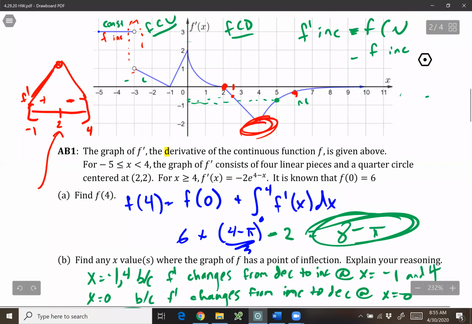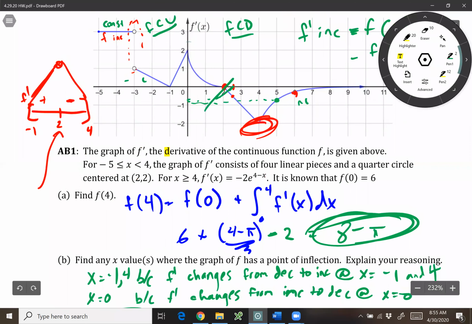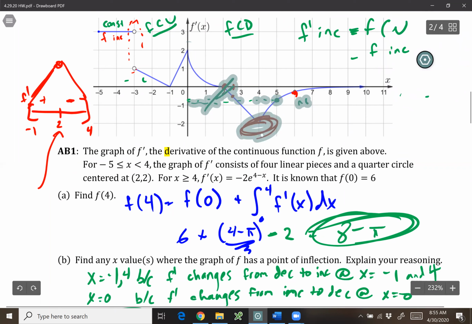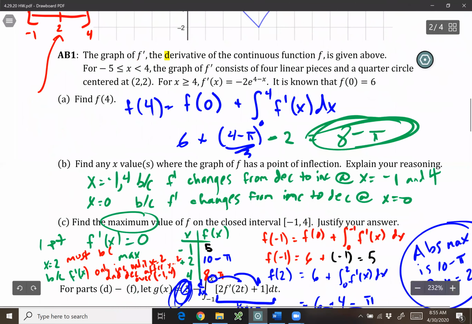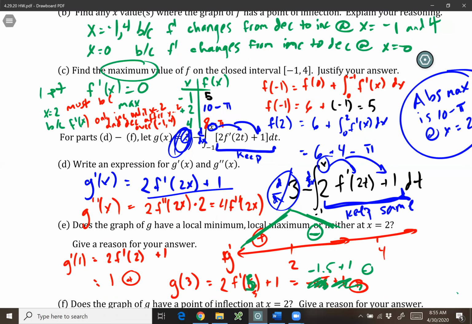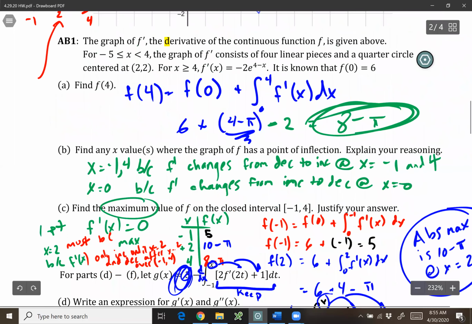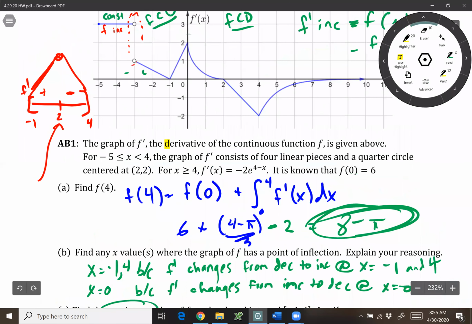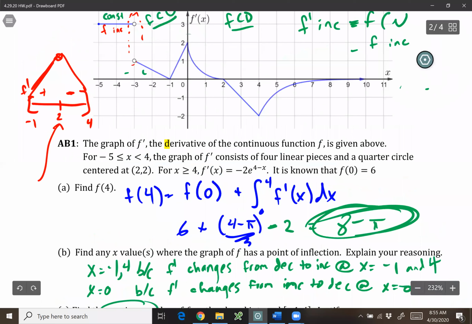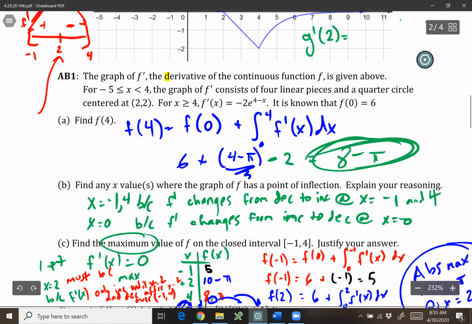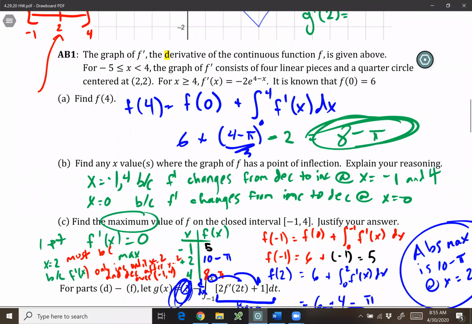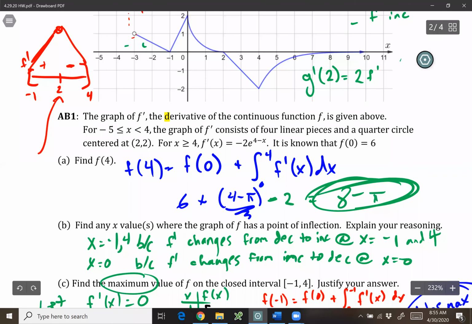Now, a better way to do this than actually plugging in our values would be to just think, okay, well, what's happening to our graph is G prime is equal to F prime of 2x times 2 plus 1. So when we're thinking about G prime at 2, it's 2 times F prime of 2x, which would be F prime of 4, plus 1.